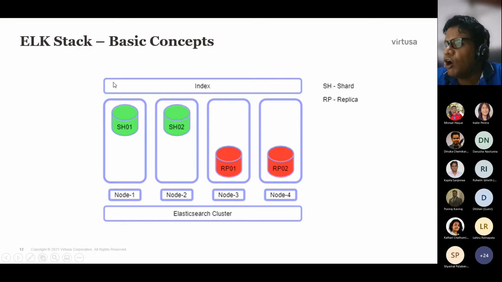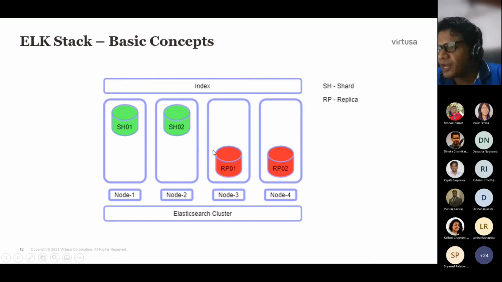All the documents are stored in these two shards. That is taken care of by the Elasticsearch cluster. It handles how the documents are stored, and when you query the data, it knows where to search and which shard has which data.